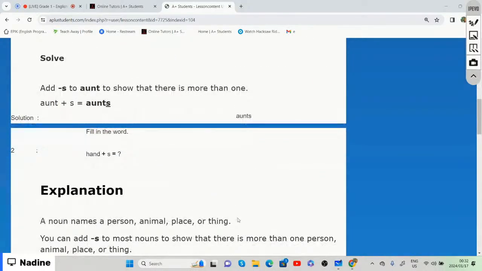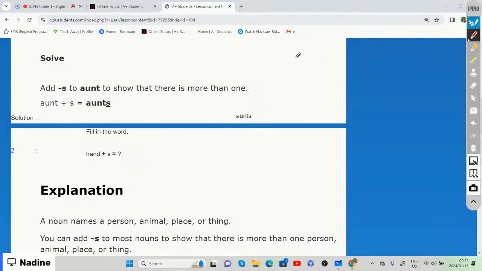Hand plus S. And if we choose to fill in the word, then it's going to be hand plus the S. So hands, and then we added the S to show that it is more than one finger, for example.